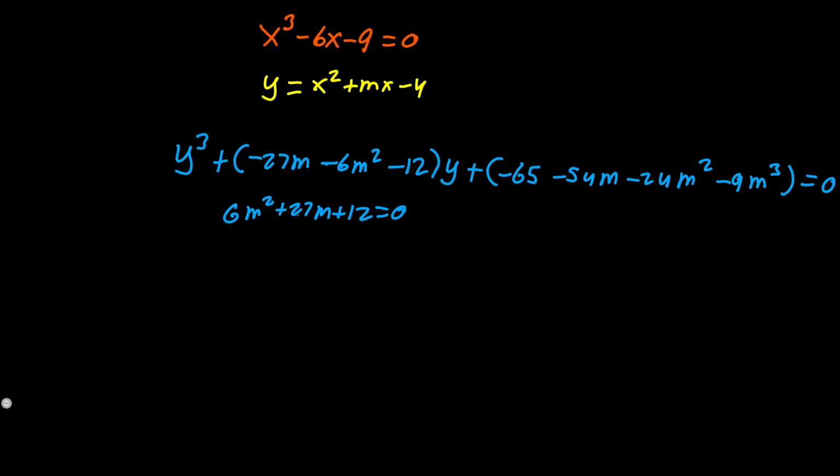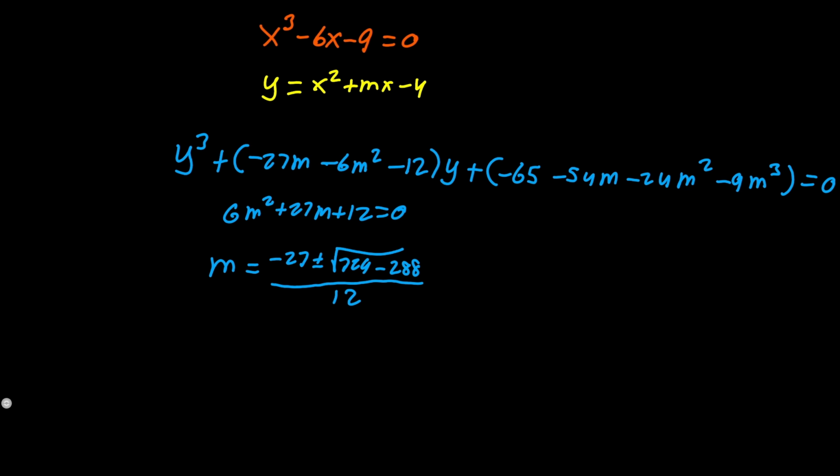So here what we have to do now is simply go ahead and use the quadratic formula. So we end up getting that m is equal to negative 27 plus or minus the square root of 27 squared, which is 729, minus 4 times 12, which is 48, and times 6, which is 288, so minus 288. And that is all divided by 12.